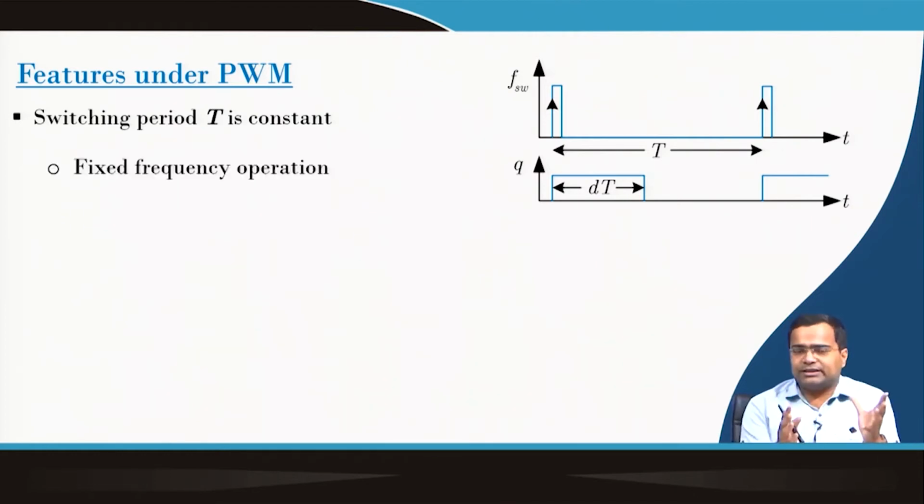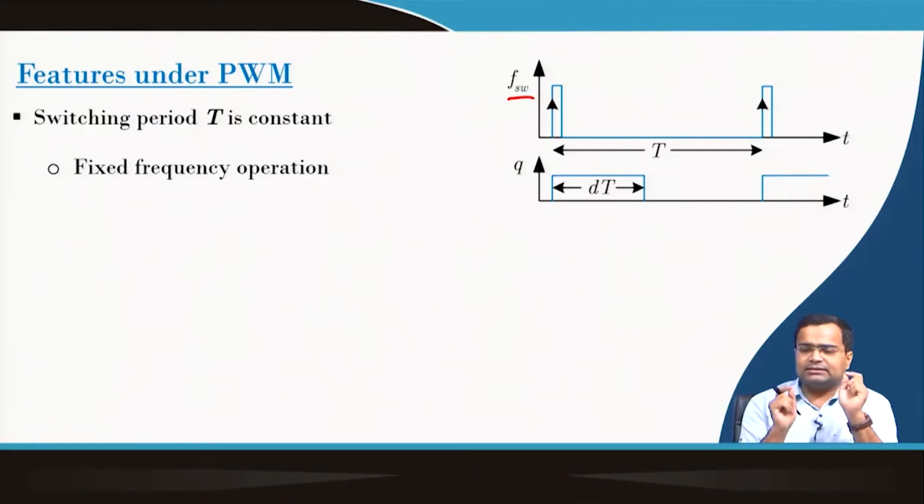So, the fixed frequency leads to a fixed frequency operation, and the fixed frequency operation has an advantage, because if there is any jitter in the duty ratio, the time period is at least constant. But there can be some clock jitter in the FSW also, that we are not considering.